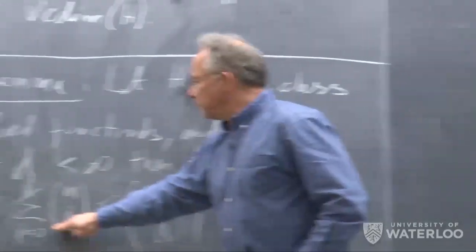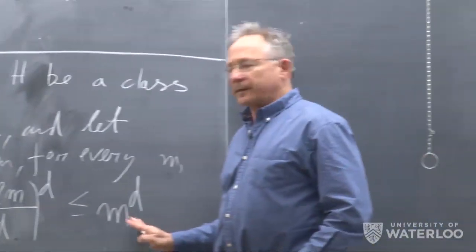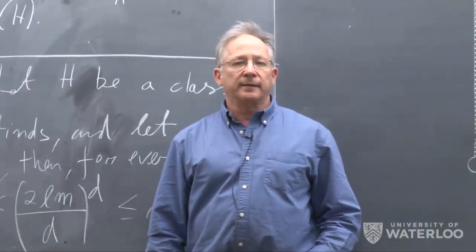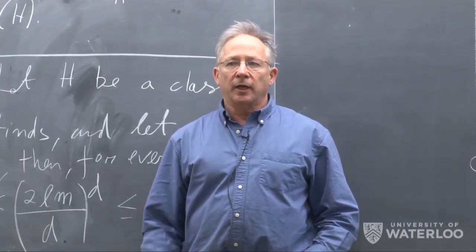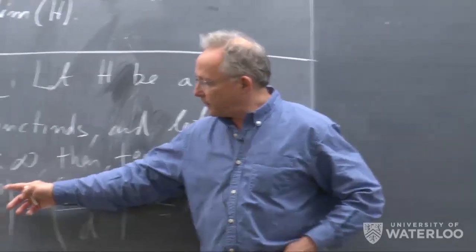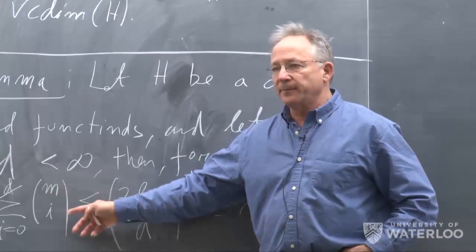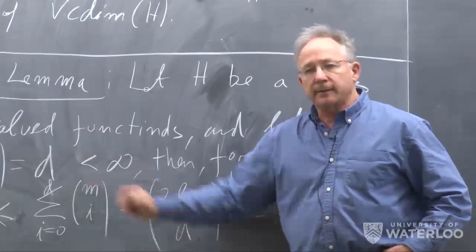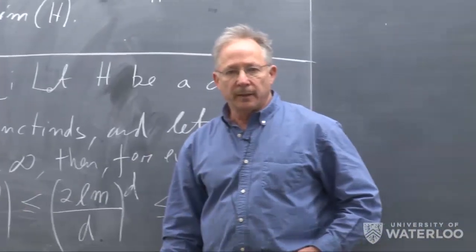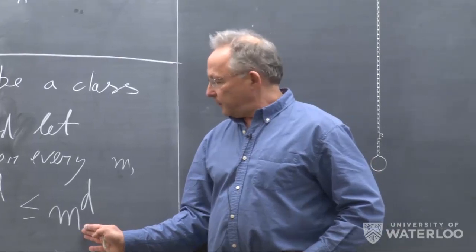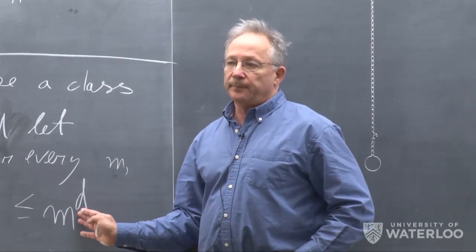I care about these two terms. This term just says how many behaviors the class H can have on a set of size m. The number of behaviors is at most the number of subsets of size at most d. And we will soon discuss this meaning again. And the other important statement here is this is just polynomial in m.